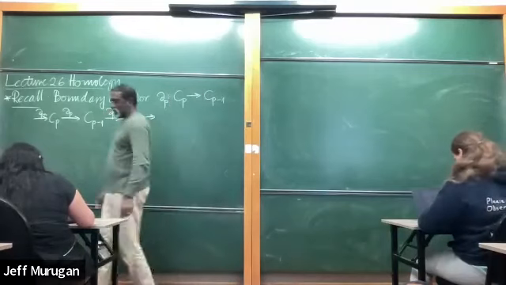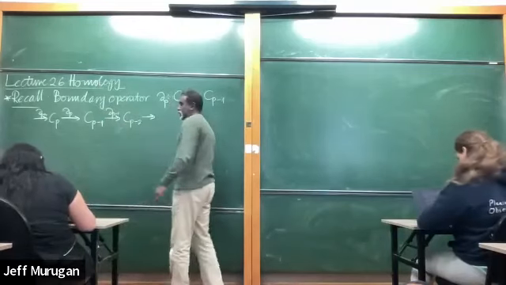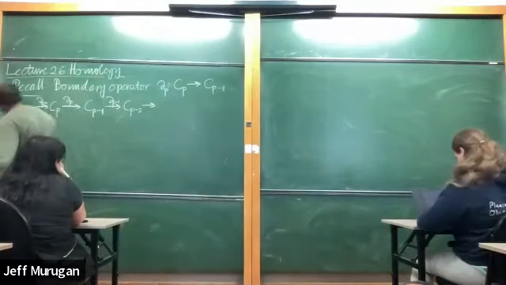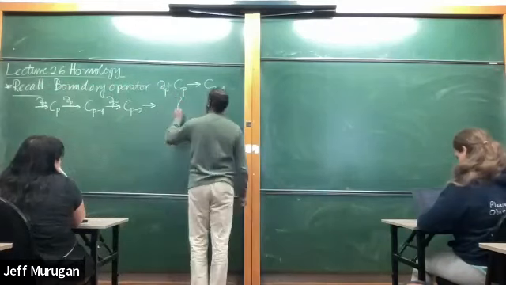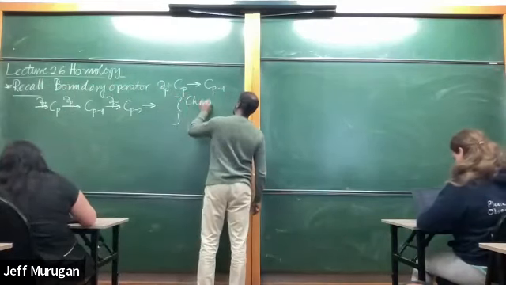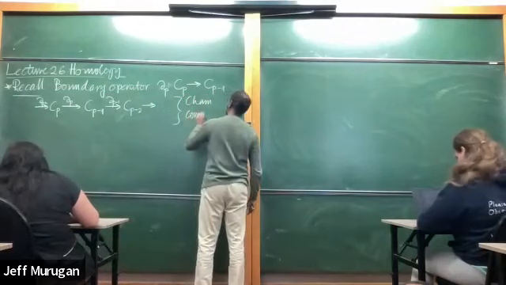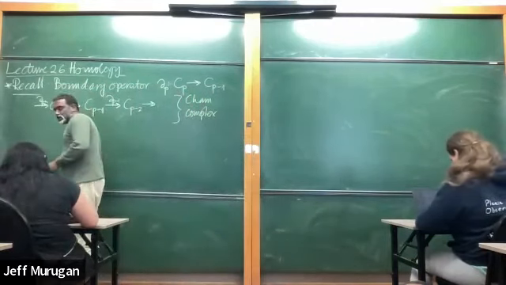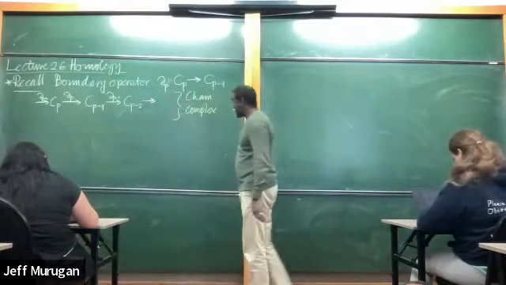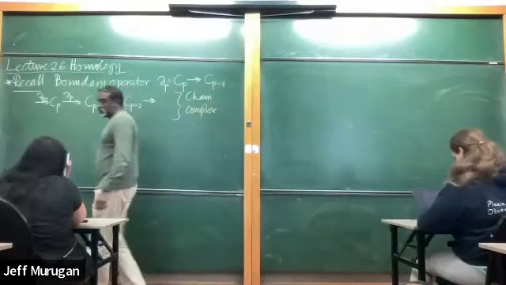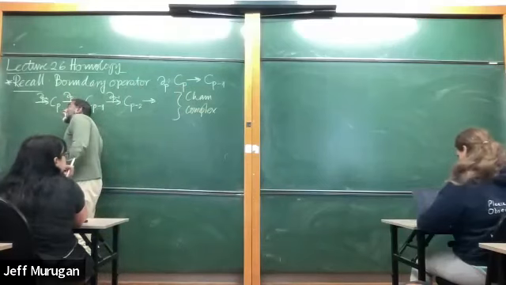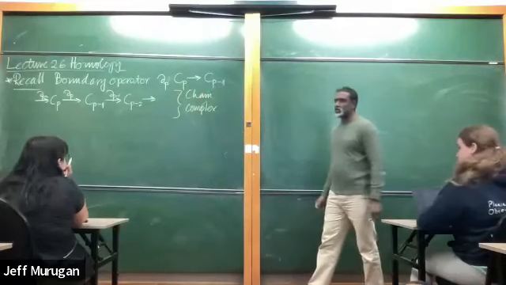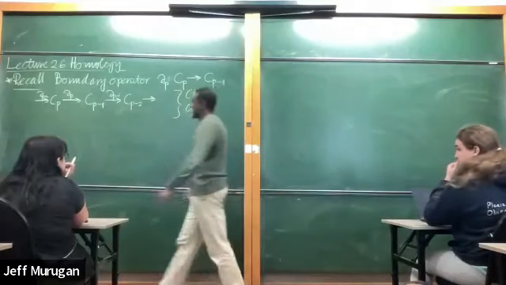This goes on. And the point here is that the sequence of spaces that I construct here is what's called a chain complex. And it is a finite sequence, with the dimension of C_p being 0 if p is less than 0 or greater than the dimension of the manifold.